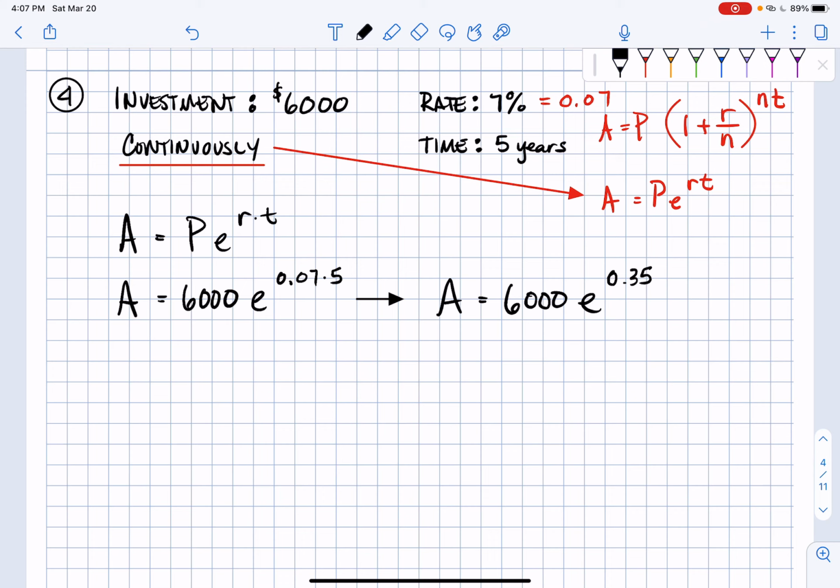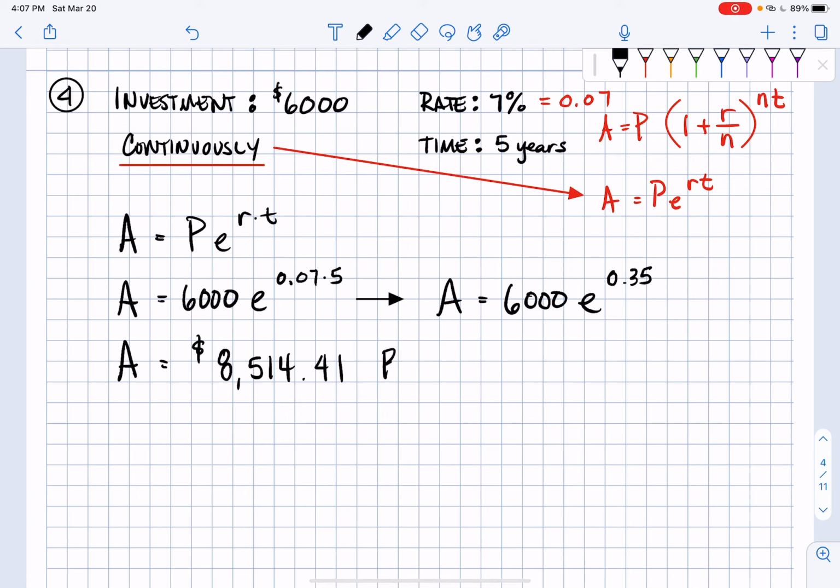Okay, let's plug that into the calculator. So 6,000 times E to the 0.35, and my final amount is going to be $8,514.41, which is choice B. All right, number 4 is B.